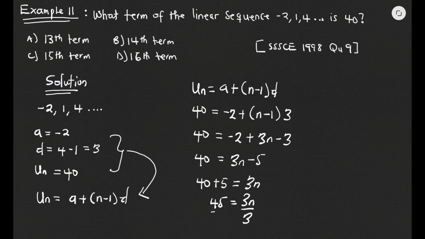If I divide both sides by 3, my value for n will be equal to 15. Therefore, 40 will be the 15th term in this particular sequence. And if you look through our possible answers, we can see that option C is the correct answer.